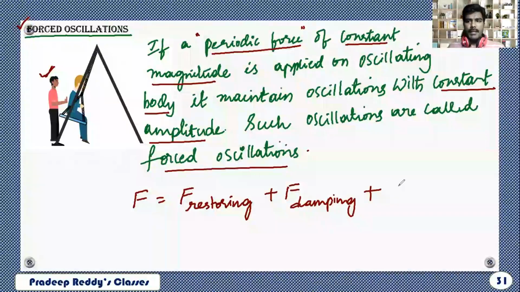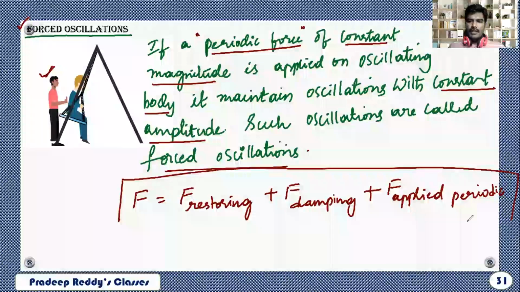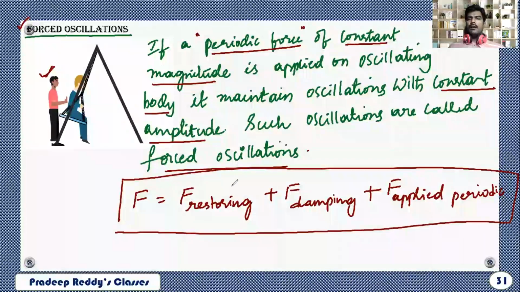And along with the damping, in order to maintain constant amplitude, you apply one additional force, the applied periodic force. So overall, on an oscillating body under forced oscillations, there are three forces: restoring force, damping force, and applied periodic force. The equations regarding forced oscillations we will learn in the next video lecture.